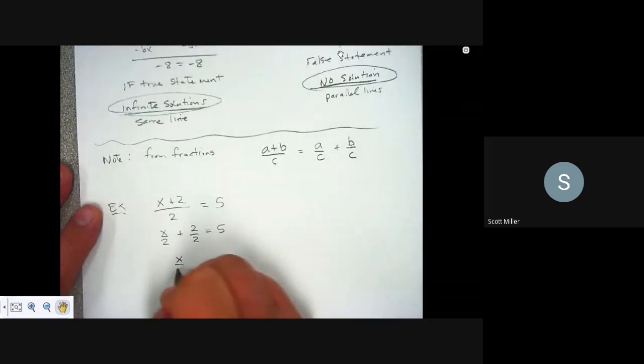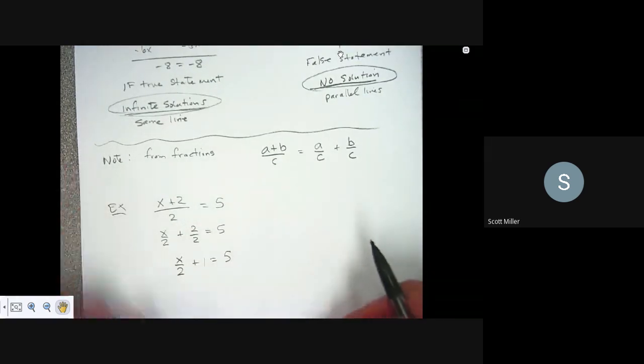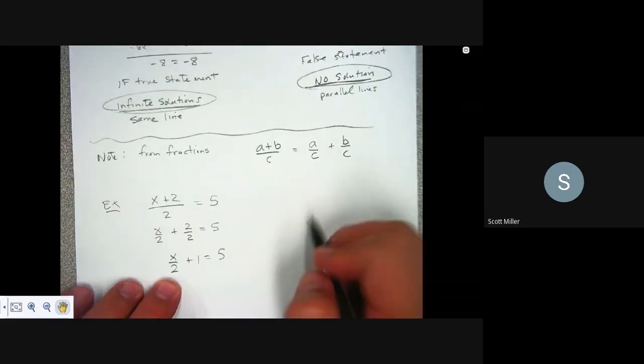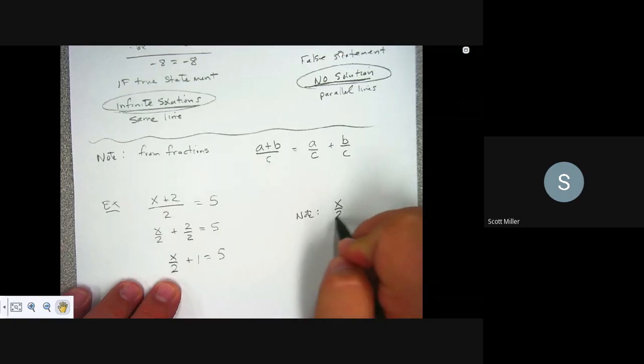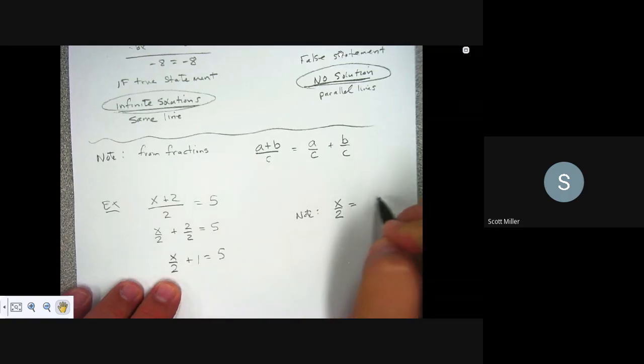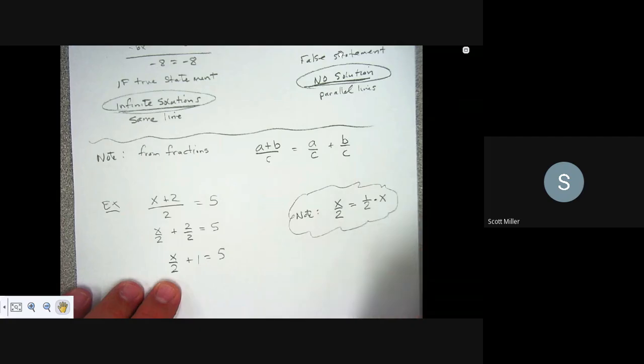Plus 1 equals 5. So that brings me to another note. What does x over 2 mean? It means 1/2 times x. So get used to seeing this and making this connection, because this is an important connection that will help you in solving many equations in the future.